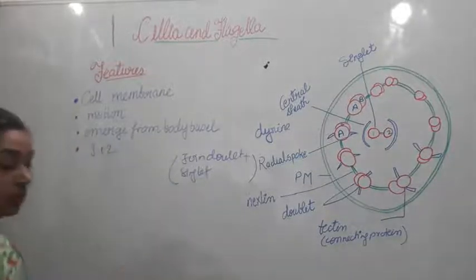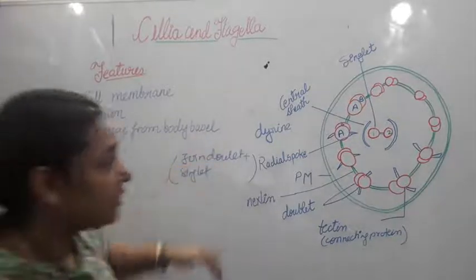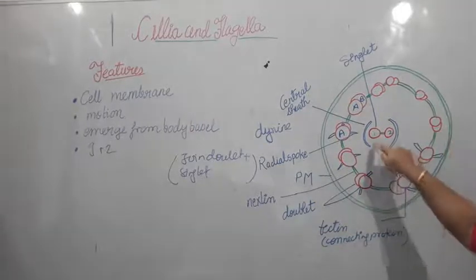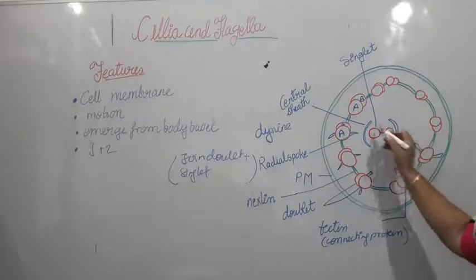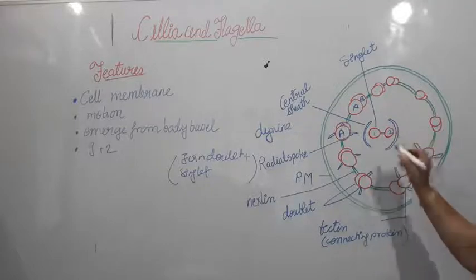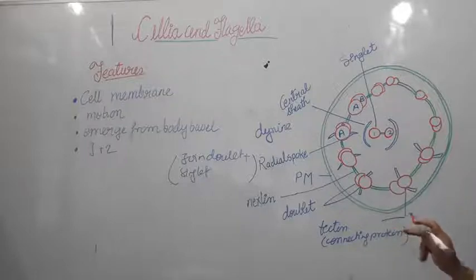This 9 plus 2 is really very important. In this particular diagram, you can see over here at this place I have marked 1 and 2, right? So as you can see these two circles on the inner side, which are complete ones, are called the singlet, as they are single and 2 in number.